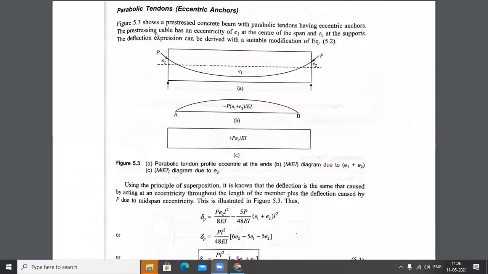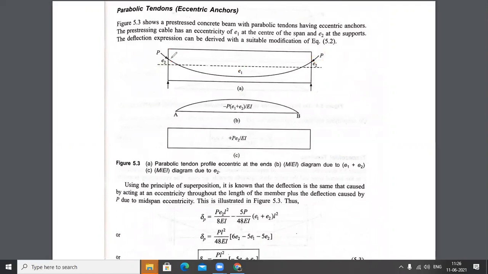So next, coming to parabolic tendon, eccentric anchor. Eccentric anchor in the sense, before that, the prestressing cable was located exactly at the center of the cross section. But here it is not at the center. So at the support itself they have some eccentricity, and at the middle some eccentricity. So there are two eccentricities.